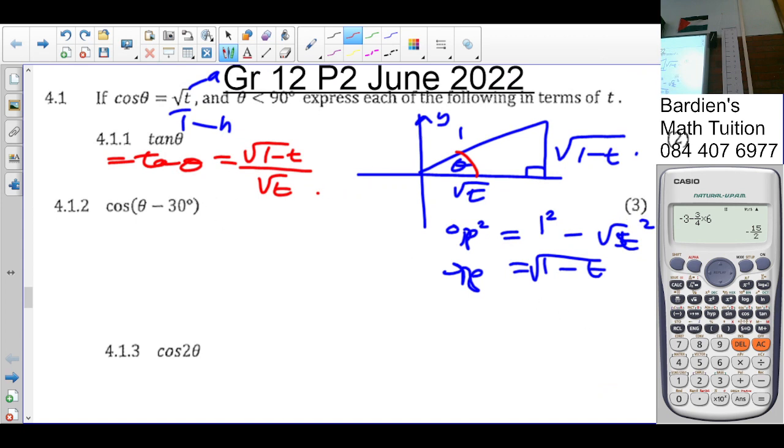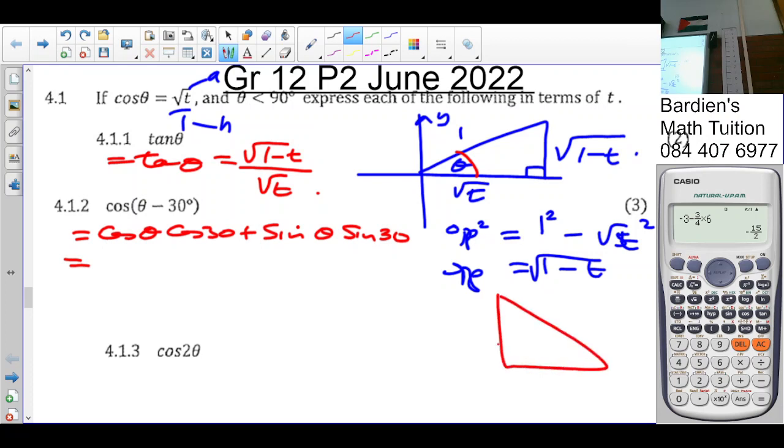The next question was to calculate cos of (theta minus 30). So we need to first do the cos expansion, which is cos alpha cos beta plus sine alpha sine beta, where your alpha angle is theta and your beta angle of course is 30. That belongs to the special triangle of 1, 2, root 3 there, and of course 60 there.